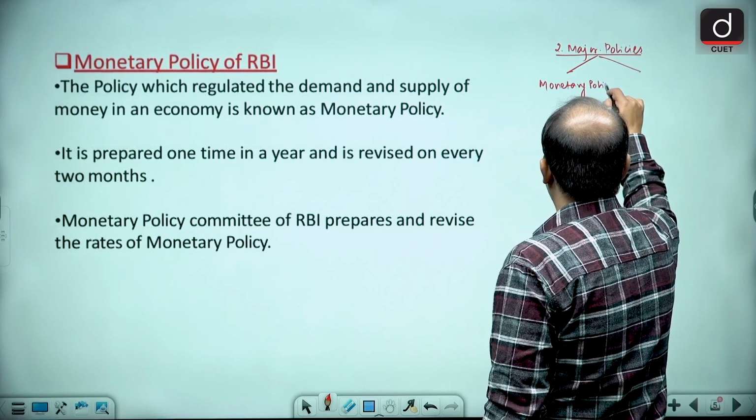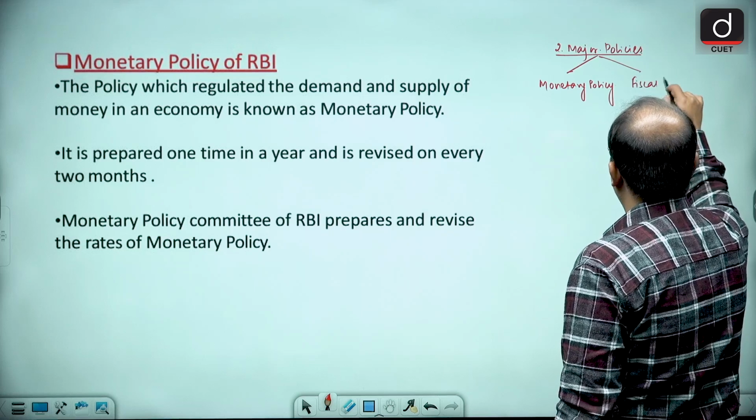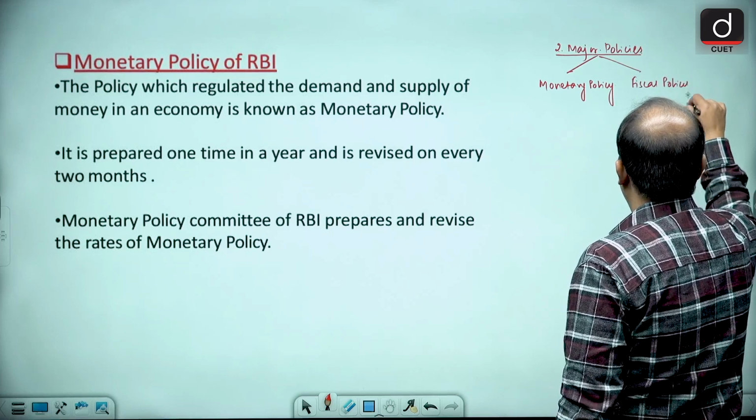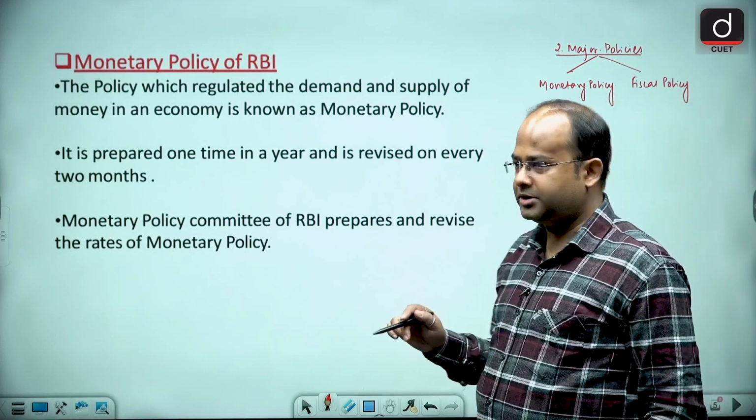One is called monetary policy and the second is called fiscal policy.